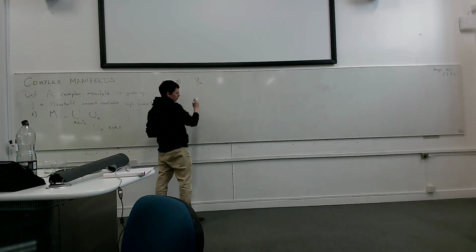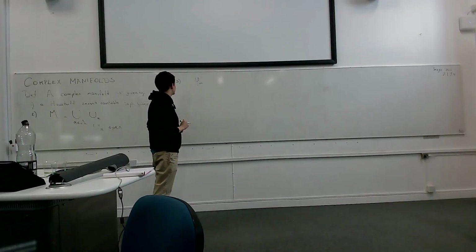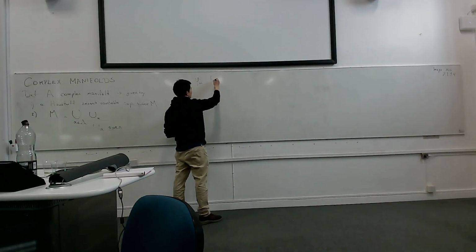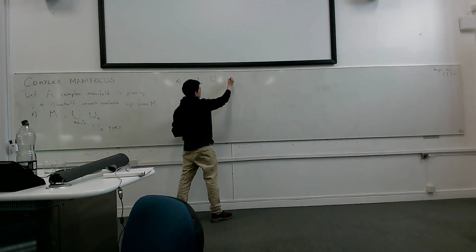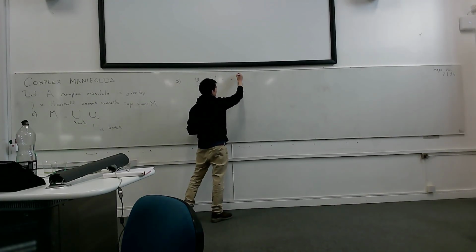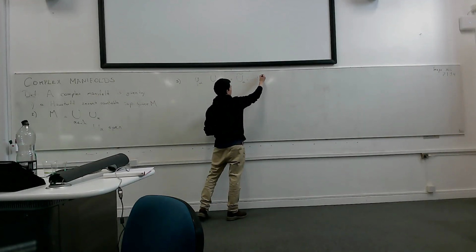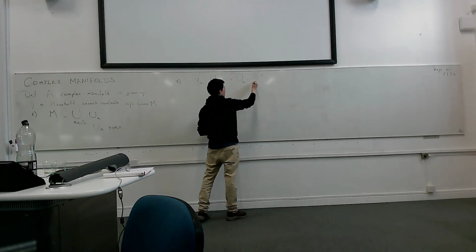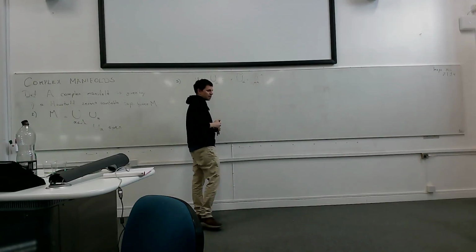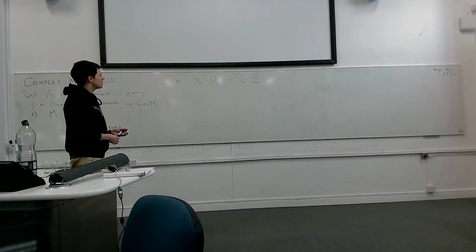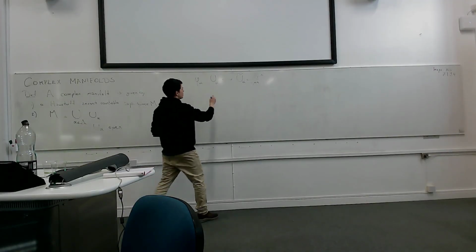A complex manifold is something that locally looks like Cn. So we have homeomorphisms U alpha to some U tilde alpha inside Cn. These are open sets of Cn, and these are homeomorphisms.